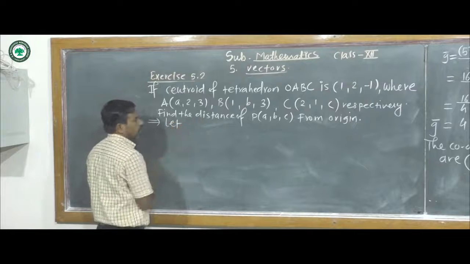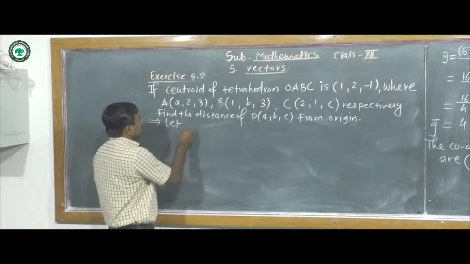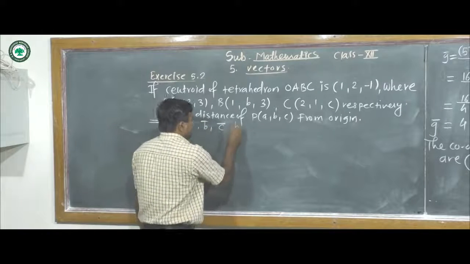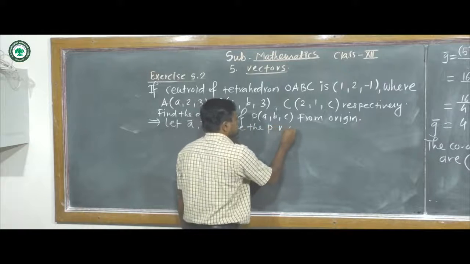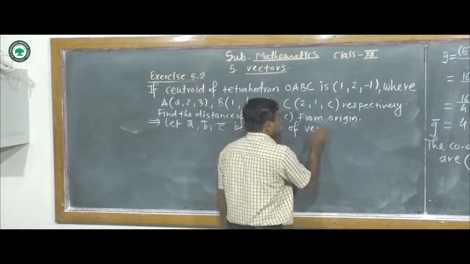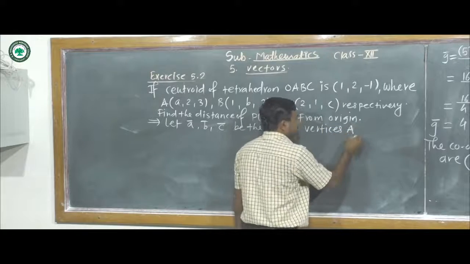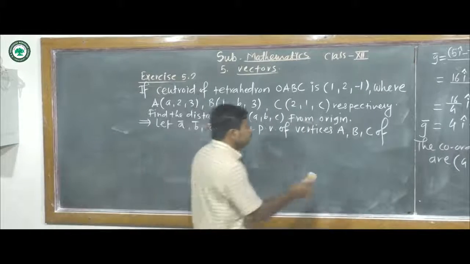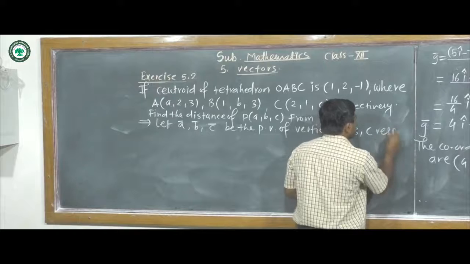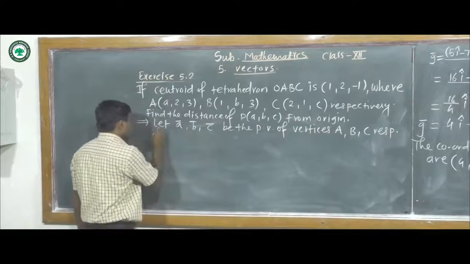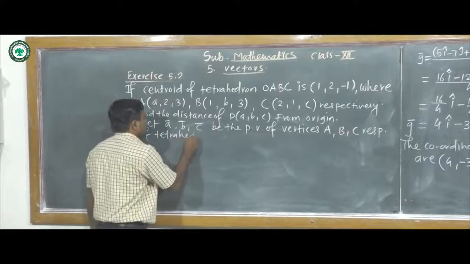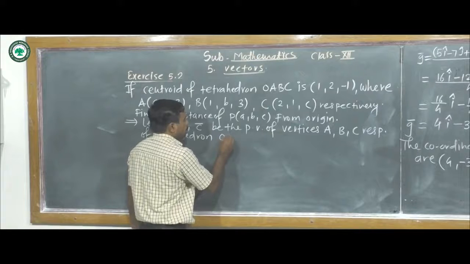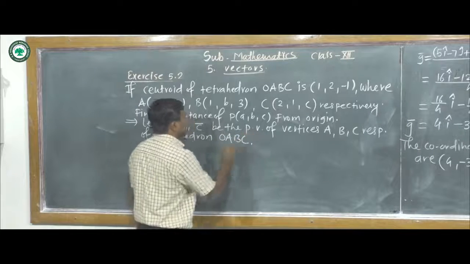Let small a bar, b bar, c bar be the position vectors of vertices capital A, B, C respectively of tetrahedron OABC.